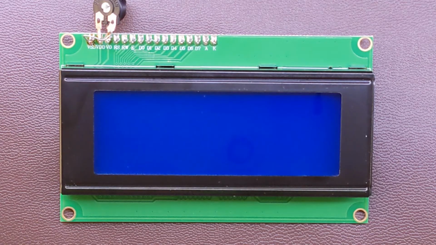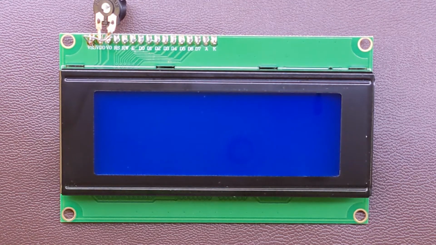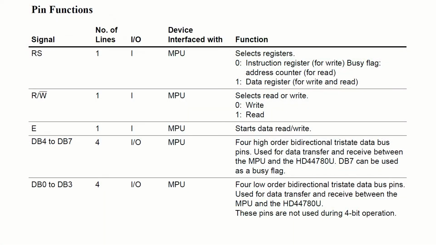This LCD, like most of the text LCDs available, is compatible with the HD44780 controller chip. This chip allows to communicate with the LCD using 4 or 8 lines of data, together with 3 additional signals. The E, which on its falling edge accepts whatever is on the data lines, the RW, which sets the data direction.